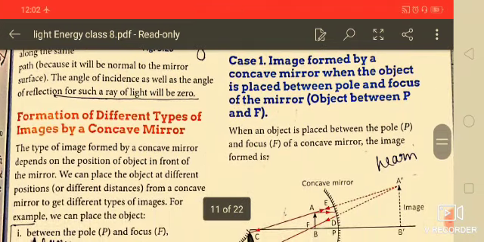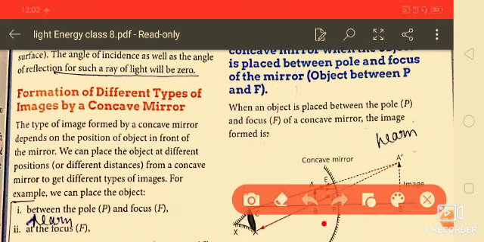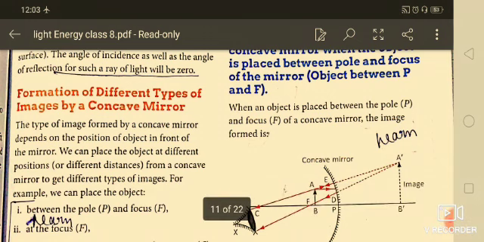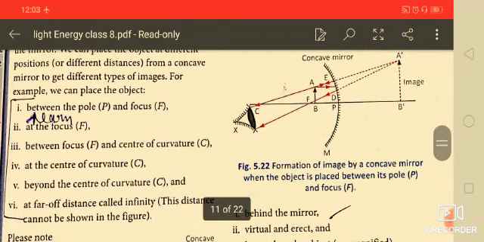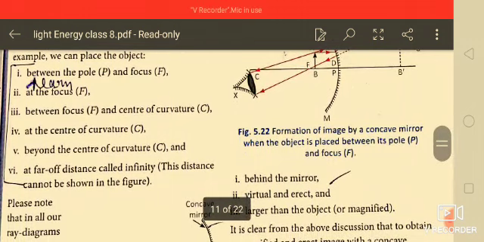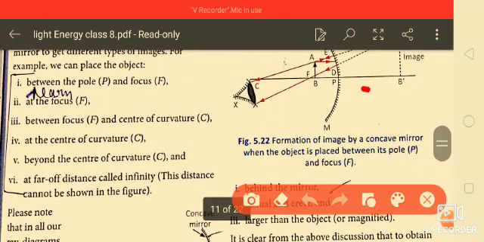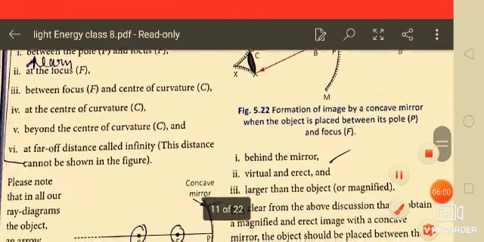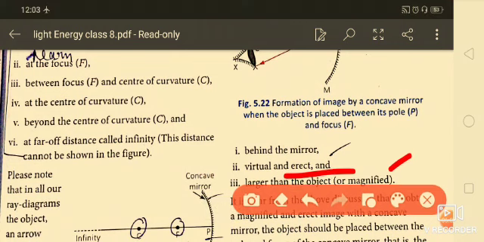So case 1: by a concave mirror, when an object is placed between the pole and focus, the image is formed behind the mirror. You can see that the image is very large. The image is virtual and erect, not real, and larger than the object.